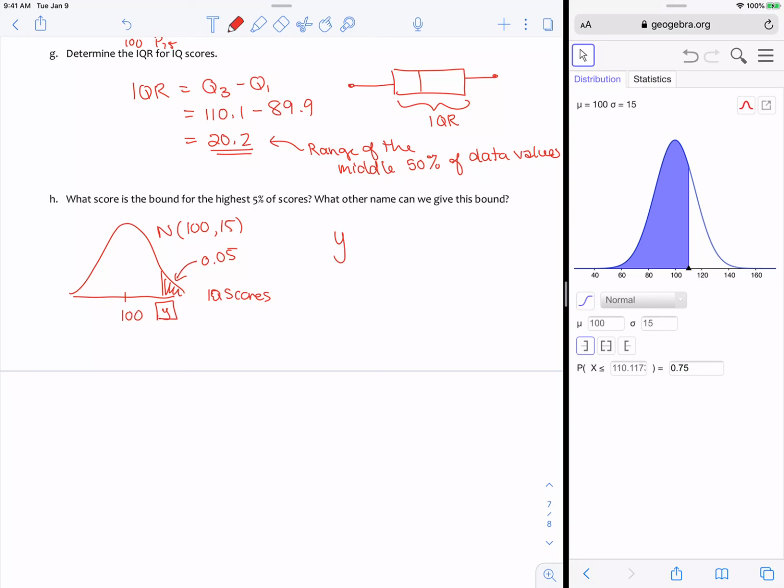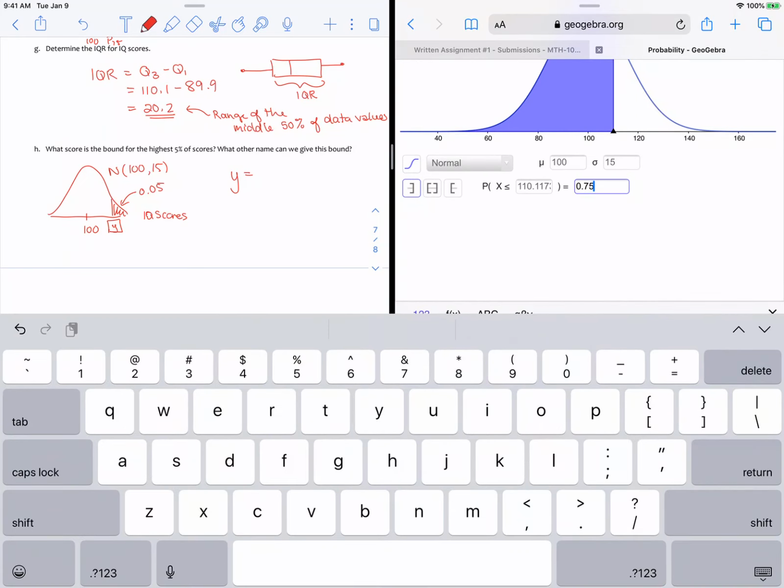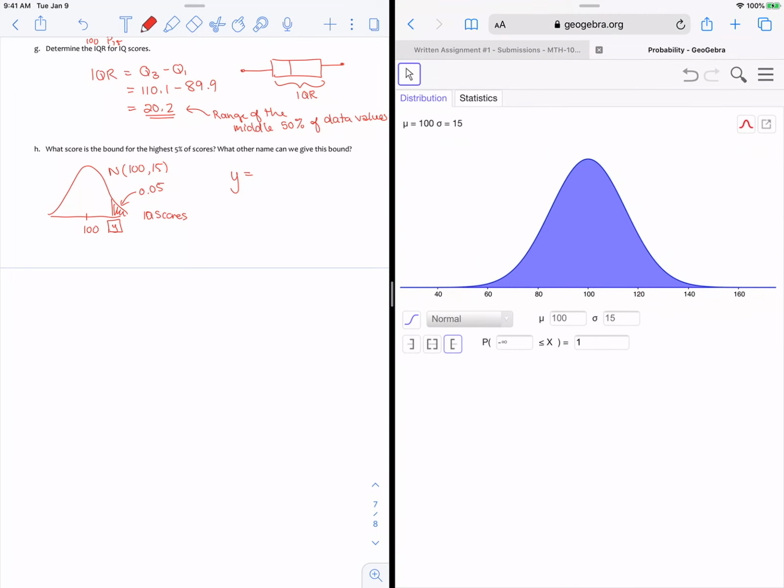So that Y value that we have specified, we'll just go back to GeoGebra. Again, we want our parameters in terms of the data values because that's what we want to find here. We don't want to find a Z-score for that position. We want the actual score. And we're going to enter in the area. Now, we could do this one of two ways. We could do the less than, but it's a little easier to follow the picture.